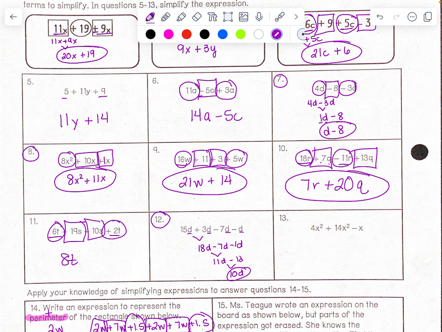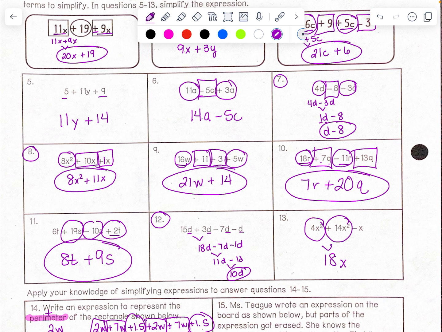And then I need to erase these so I can see what that says. Okay, plus. Plus and a minus. So I'm going to end up with a 9s. Last one. Here, 4x squared plus 14x squared, 18x squared. This one's all by itself. Just a minus x. Cannot combine them because of that exponent.